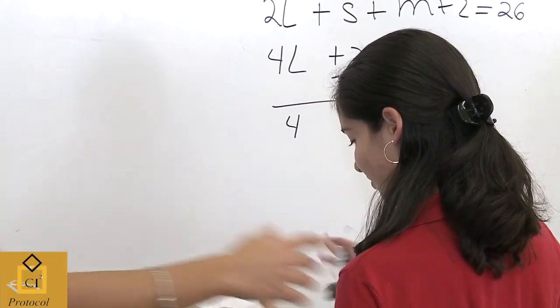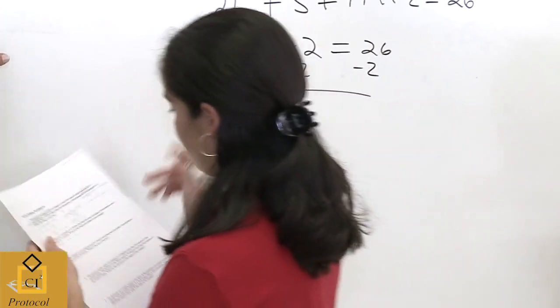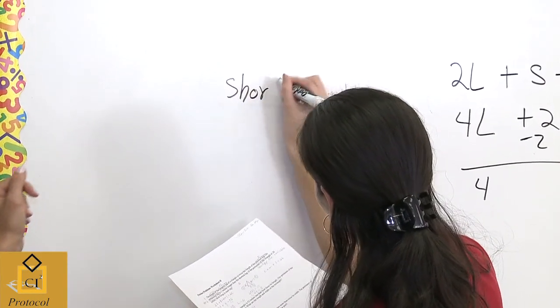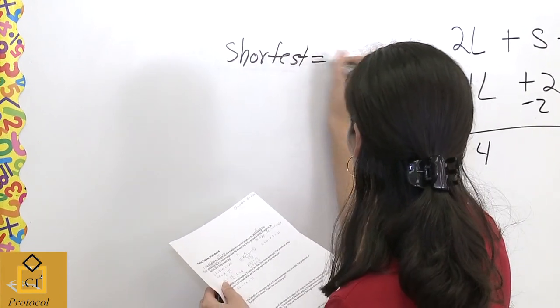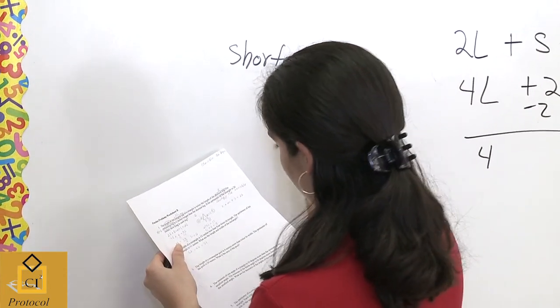Okay, good. All right, so go ahead, please, and share it with the class. Write it over here, like you said. Shortest is L. Write it first, and then you can explain it to the class.